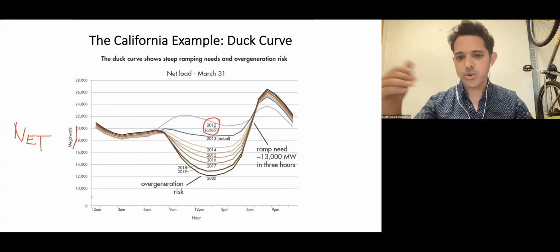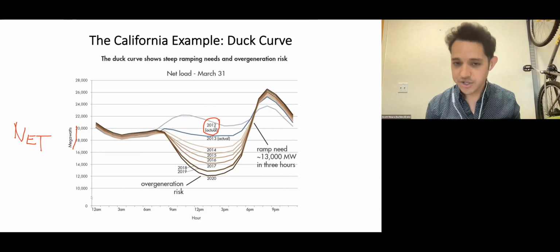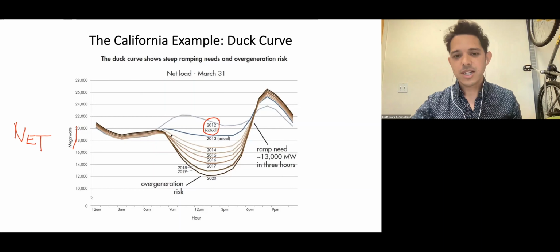Now, today, we have a policy of 100% clean energy by 2045. But anyways, rewind about 10 years, they're doing this analysis, and they're looking at how the shape of this curve changes once you start integrating more solar, which is really the belly of this duck, if you will, that's getting fatter and fatter.